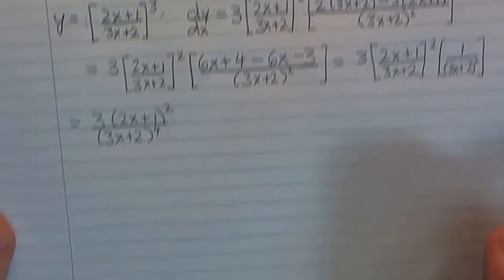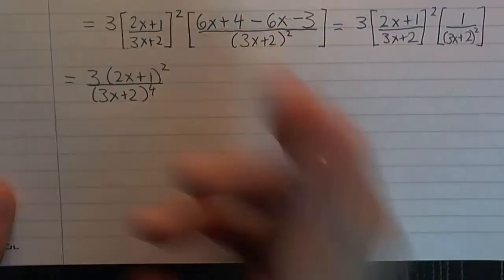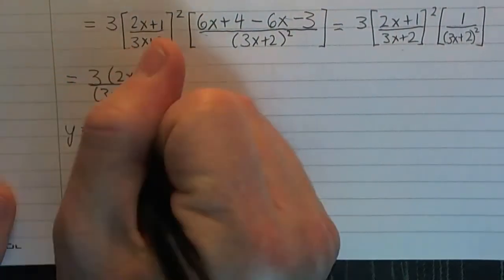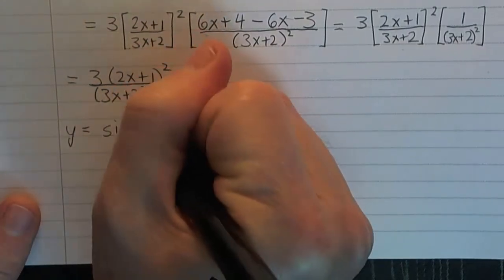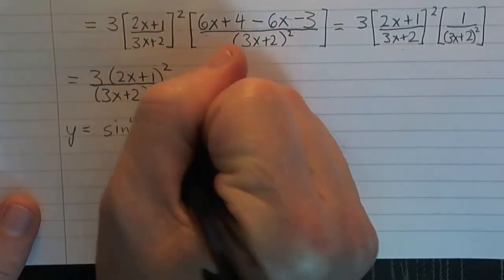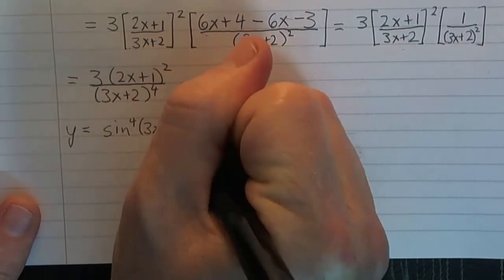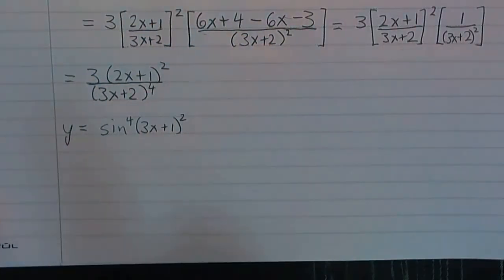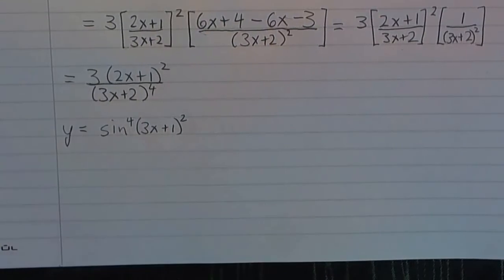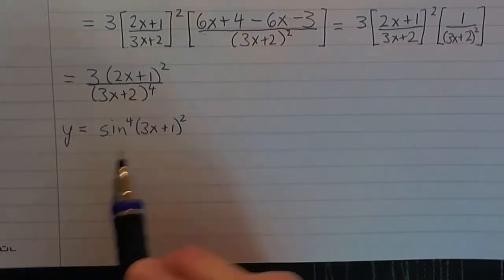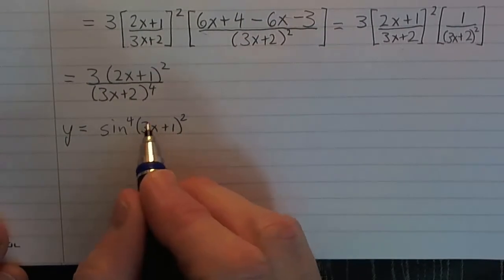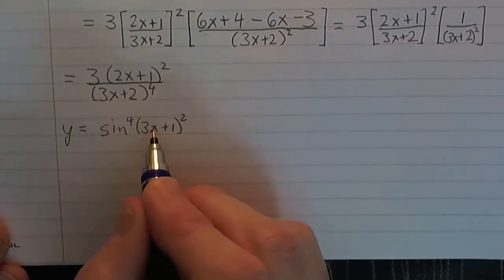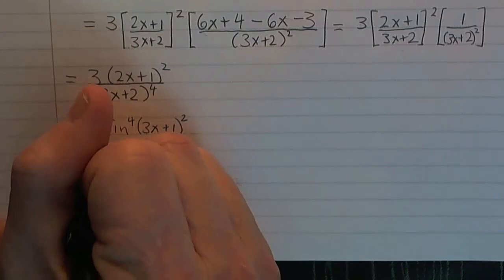Now, let's look at one more involving a trig function. Let's suppose we've got y equals sine to the 4th of 3x plus 1 to the 2nd. Okay? Now, there's quite a bit going on here, but let's think about if you were evaluating this function and you had a number to put in for x, what would you calculate first?